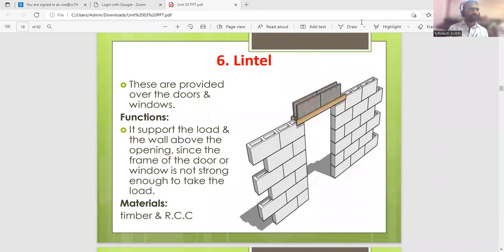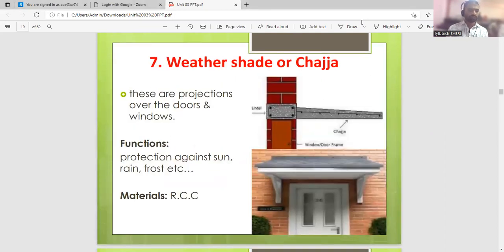Is it over, all of you? Yes, okay. Seventh one. Weather shade or chajja. Have you written the cross section of the building? I told you in the last class, you have to draw the cross section.